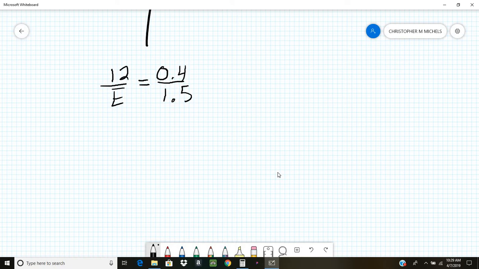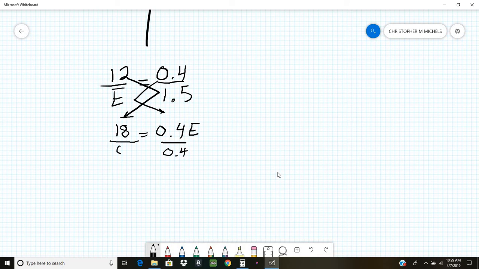We've only done whole numbers. It must be something different. No, the method is still the same. You still cross multiply and divide. So you take 12 times 1.5, which gives you 18. You do 0.4 times e, which is 0.4e, and then we just divide by 0.4.